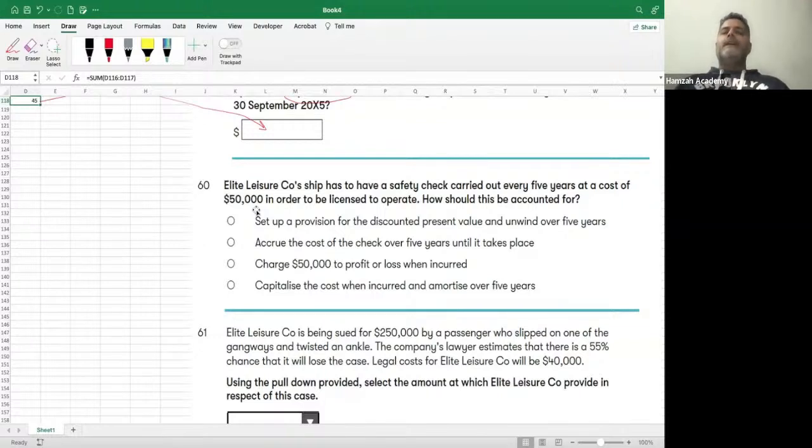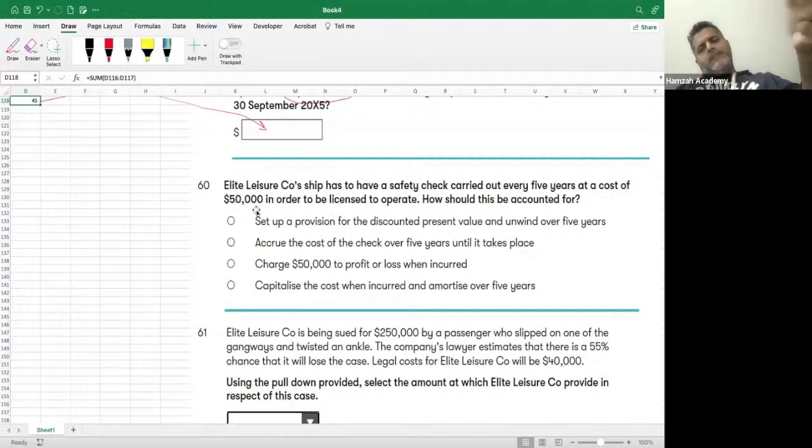We are going to study IAS 37 in detail in a couple of lectures, but let's just talk about the basics, because you must have read this in financial accounting as well. Very basic definition of the provision: it's a liability of uncertain timing and amount, right?